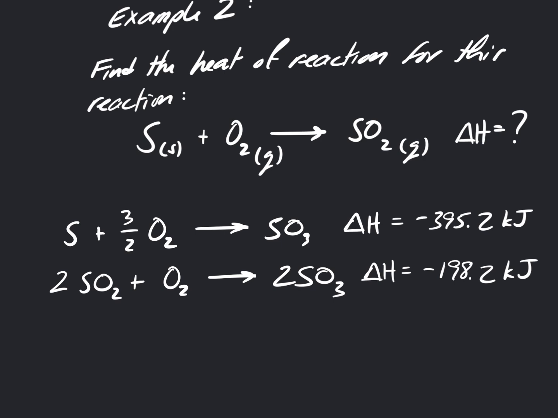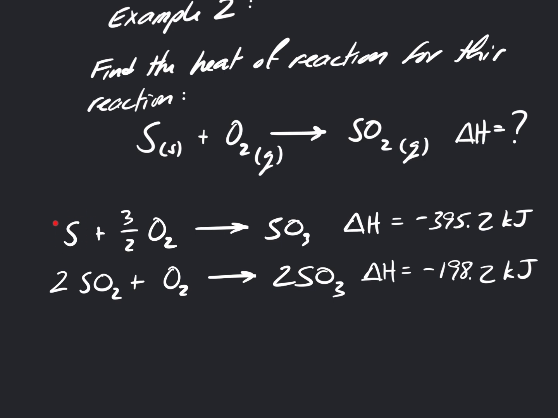Here's the reason. It's actually simplifying things for us, because when you write the coefficient like this, you're looking at just one sulfur combining with oxygen to form one sulfur trioxide.